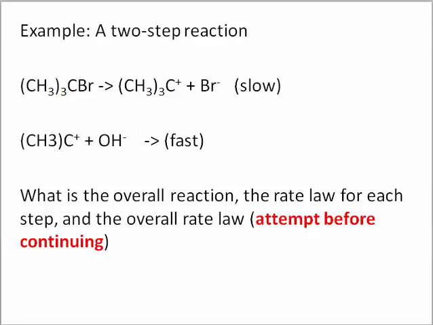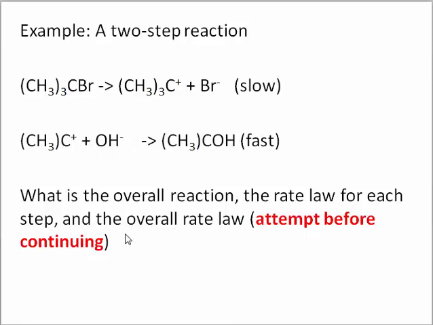Then in the next step, the cation produced in the first step reacts with a hydroxide ion to produce a neutral compound. So the first step is the slow step, where a cation and anion form. Second step is the fast step, where a cation and another anion combine.